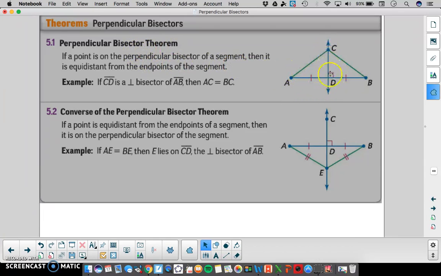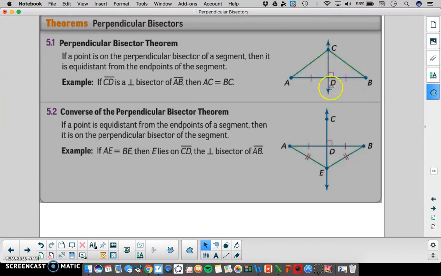So we have the perpendicular bisector line CD here, and point C is on the perpendicular bisector. Therefore, it is the same distance to point A as it is to point B, because it's exactly halfway.